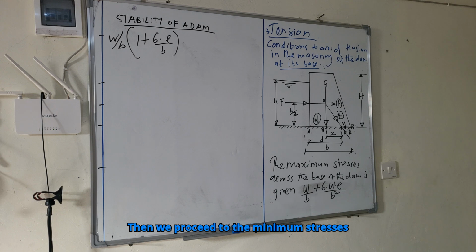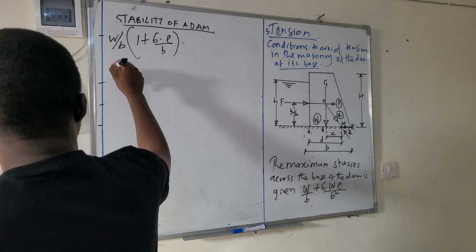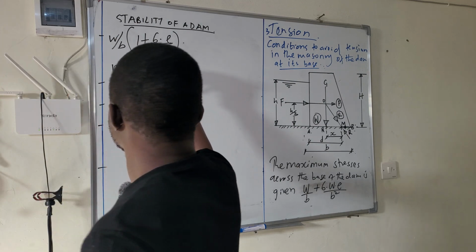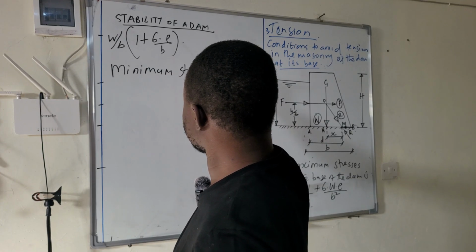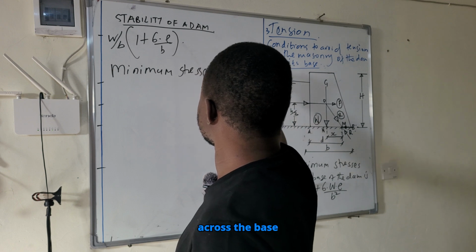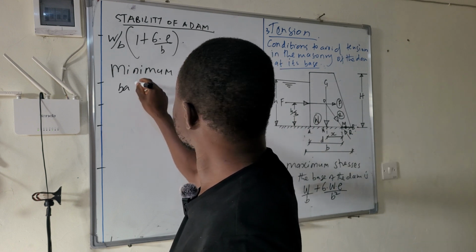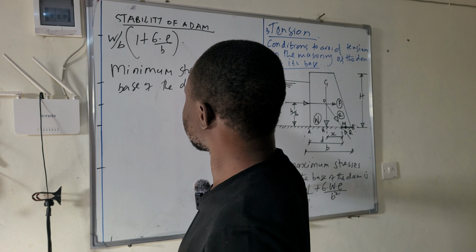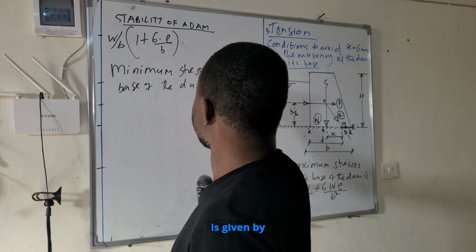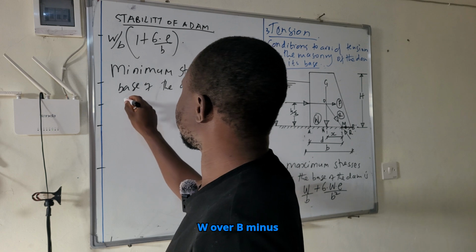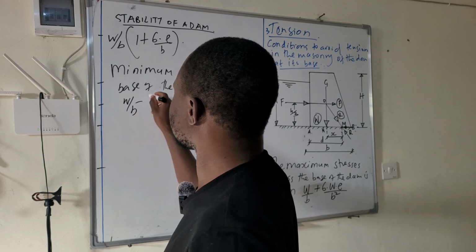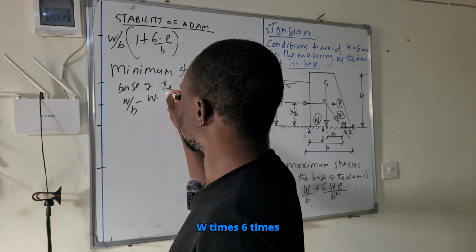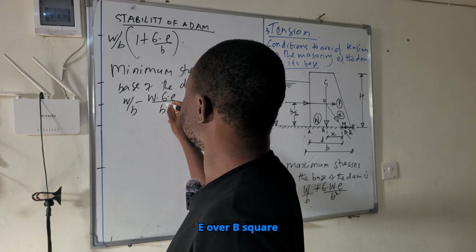And then we proceed to the minimum stresses across the base of the dam. The minimum stress across the base of the dam is given by W over B minus W times 6 times E over B square.